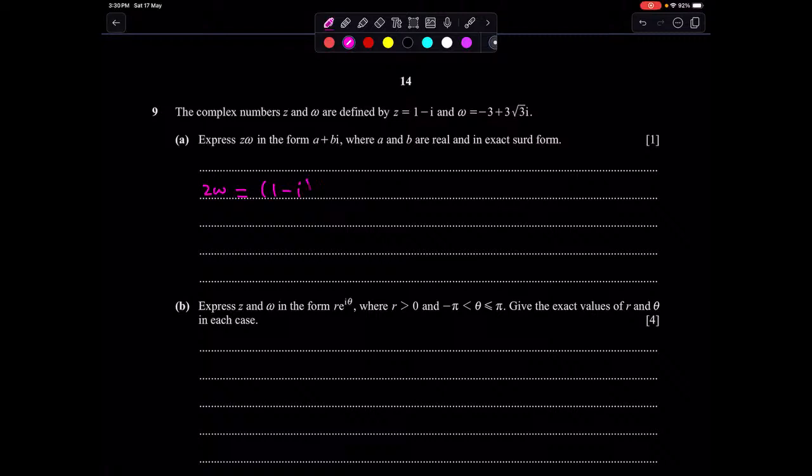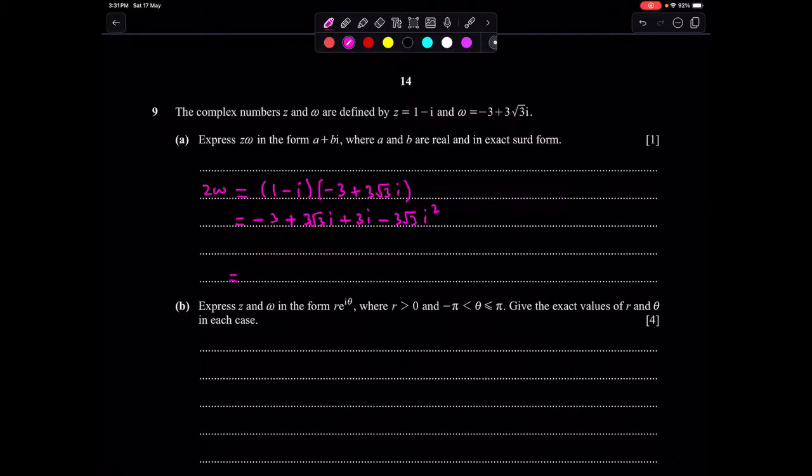One minus I, minus 3 plus 3 root 3I. Now multiply them very carefully. When you multiply this with 1, you will get the same thing, minus 3 plus 3 root 3I, and minus I, so plus 3I minus 3 root 3 I square.